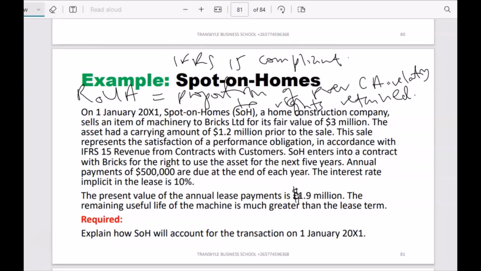The previous carrying amount was 1.2 million, but we then have to determine the rights retained based on the present value of the lease payments which are going to be made, vis-a-vis the present value of the asset. So the lease payments are 1.9 million.